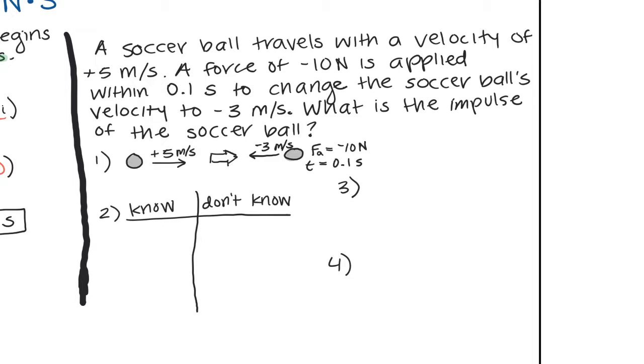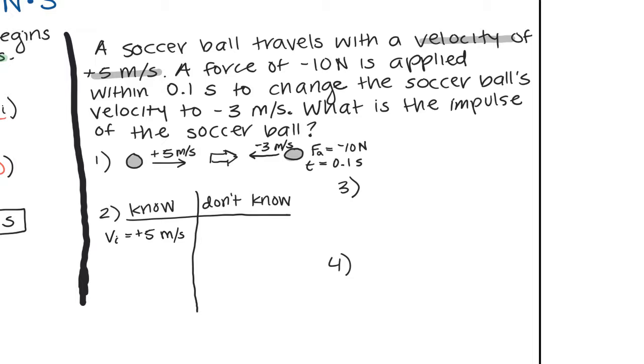All right, so let's work through this problem, figure out what we are given first. The soccer ball travels with a velocity of positive 5 meters per second. So here's our velocity. We have our initial velocity, which would be positive 5 meters per second.